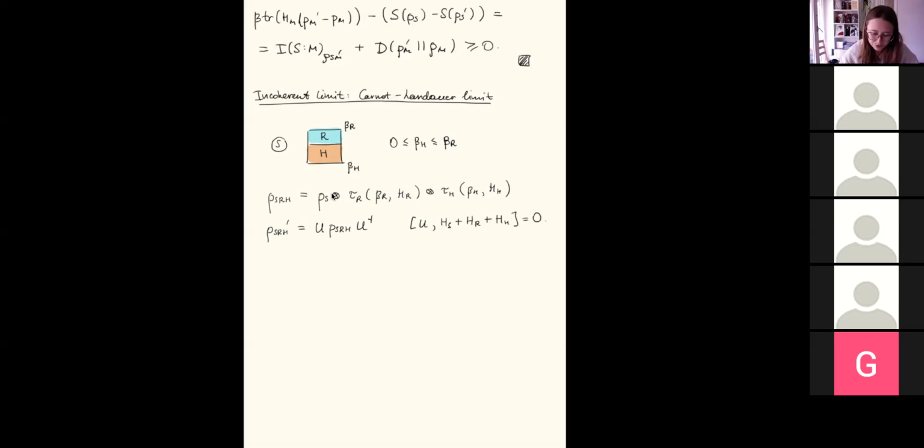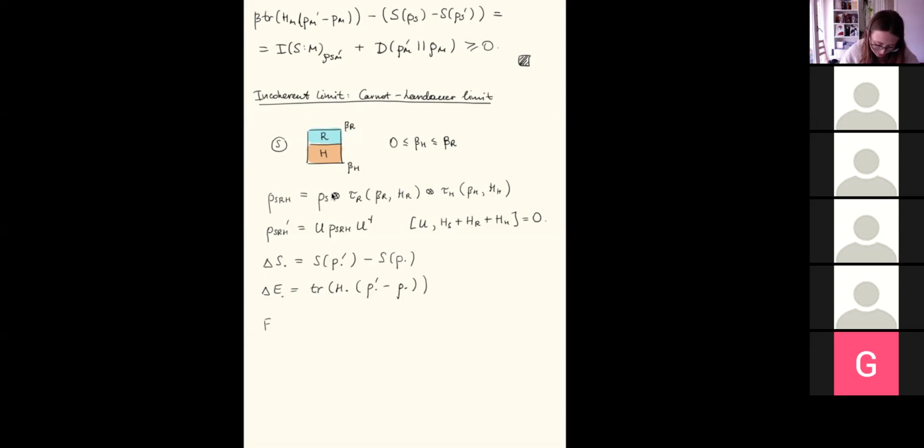Then we introduce the following labeling. So delta S of some system is the change of the entropy on that individual subsystem. Then delta E is the change of energy, also on some subsystem.